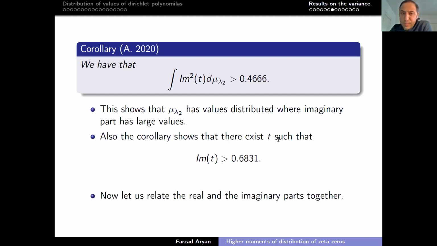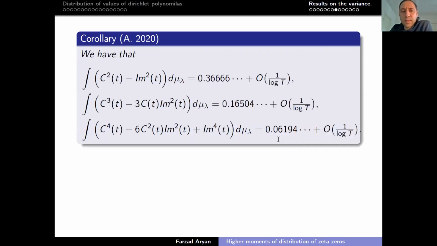So let me just bring back the real part and imaginary part to probably the original aim, that is getting large values for these. So these are corollaries that come from the main theorem, and it does relate them together. For example, look at this first one. If I have a good lower bound on the imaginary part to the power 2, because of this, I can get a lower bound on the real part to the power 2.